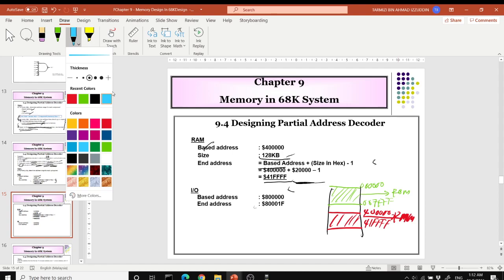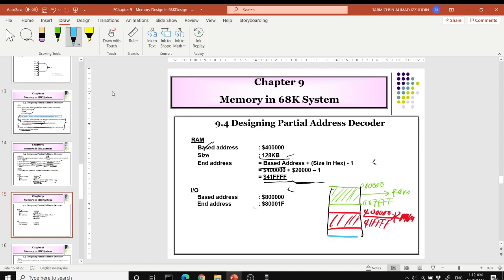So imagine this is your RAM. The red part here is your RAM. And finally, the address 800000 up to the final address 80001F, which is a bit smaller, will be connected to your input output peripheral.